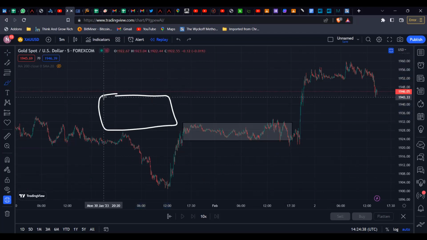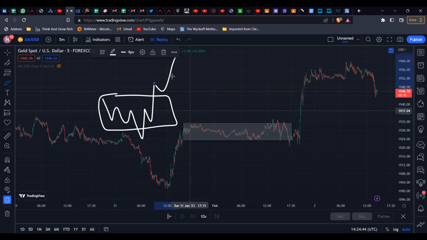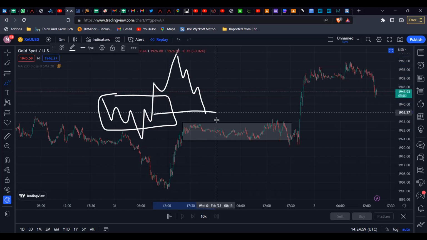When price breaks out of its consolidation after shaking out the weak hands and maybe moves up, most times price tends to do something like this. It tends to come back to mitigate previous leftover order blocks.